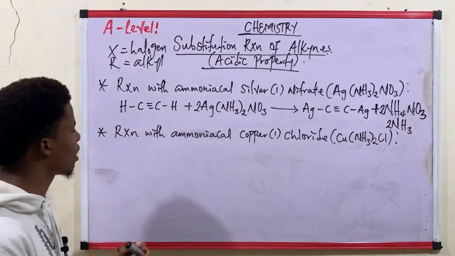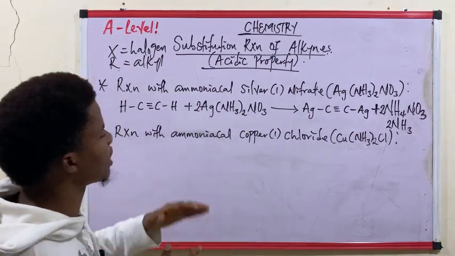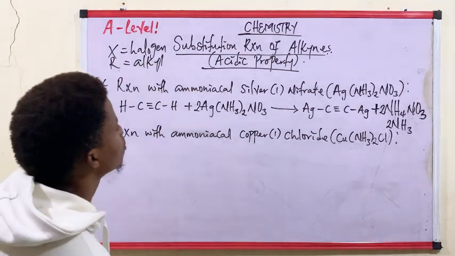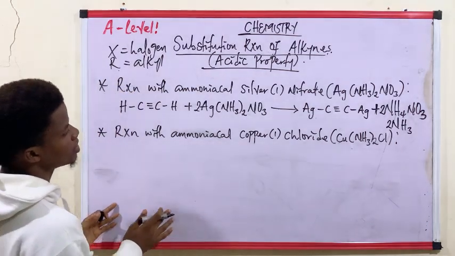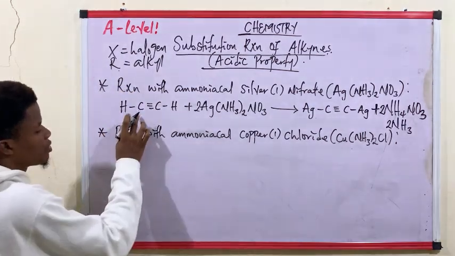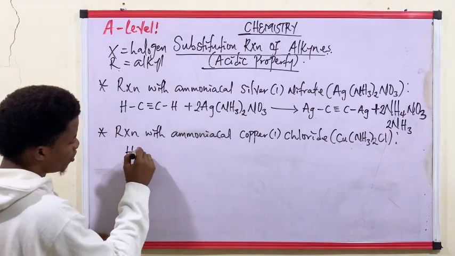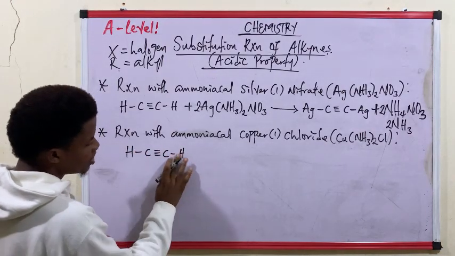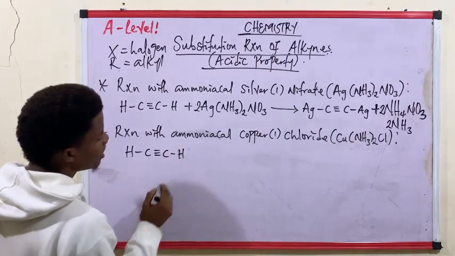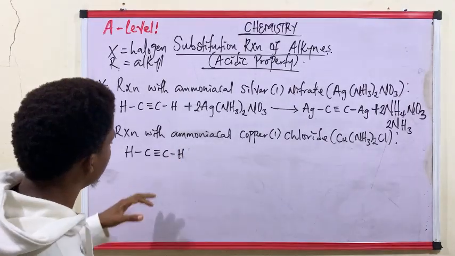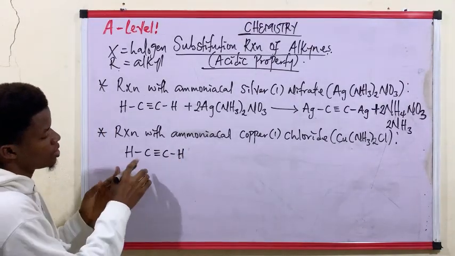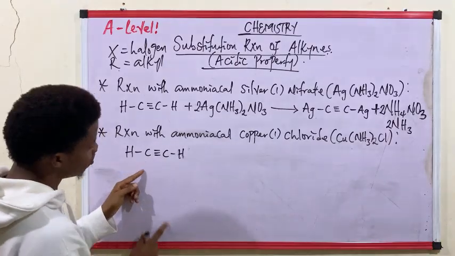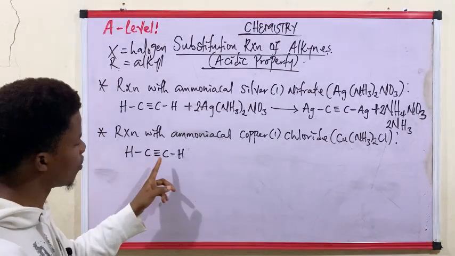Then for the second one, reaction with ammoniacal copper 1 chloride. So how do we do this now? Still very, very easy. Let's use ethyne again. HC triple bond CH. Why are we using ethyne? Because ethyne is a terminal alkyne, because it only has two carbons, carbon 1 and carbon 2, and the triple bond is found between carbon 1 and carbon 2.